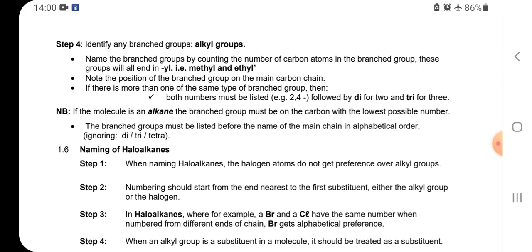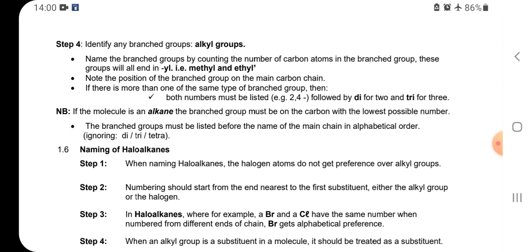Name the branch group by counting the number of carbon atoms in the branch group. These groups will all end with yl: methyl, ethyl. Note the position of the branch group on the main carbon chain. If there is more than one of the same type of branch group, then both numbers must be listed, like 2 and 4. You name where the branch is: the branch on carbon number 2, 3, 4, 5, or whatever, before the name.